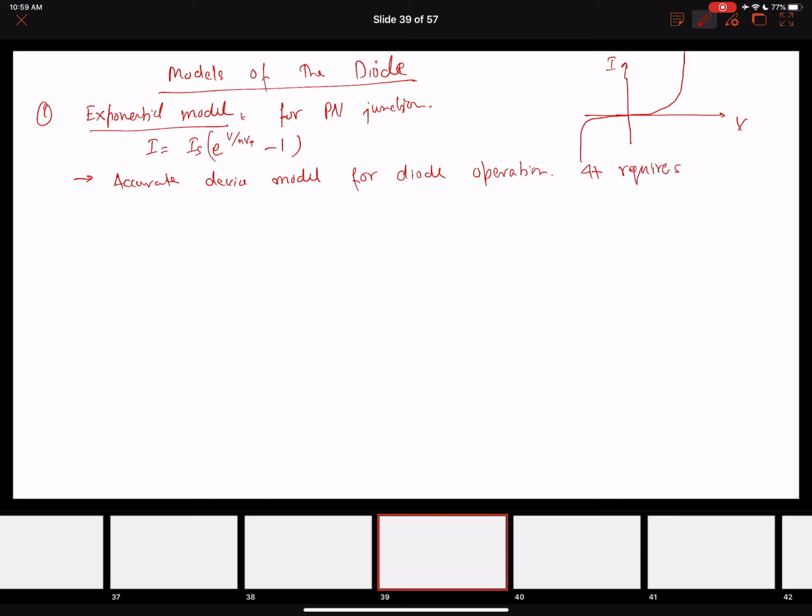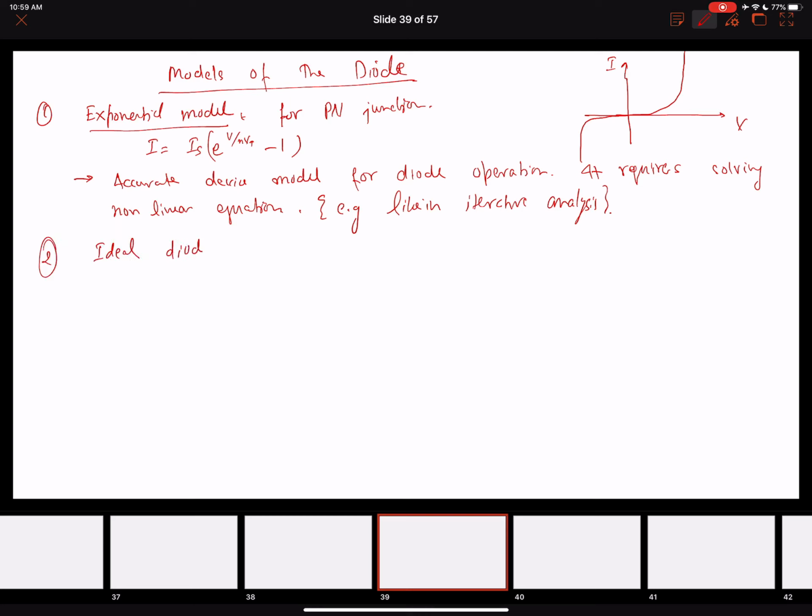However, it requires solving nonlinear equations, right? So if you're going to employ this model, you have to solve this nonlinear equation, and we did that in our iterative analysis, for example.